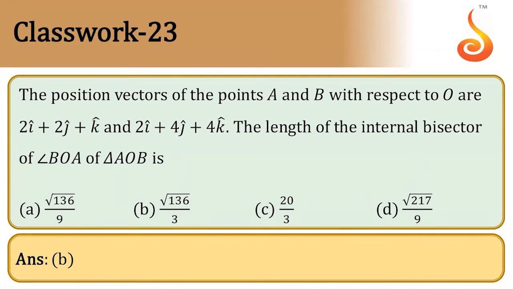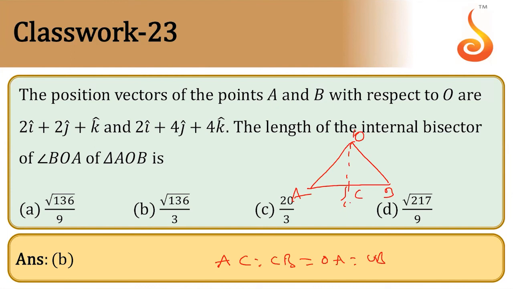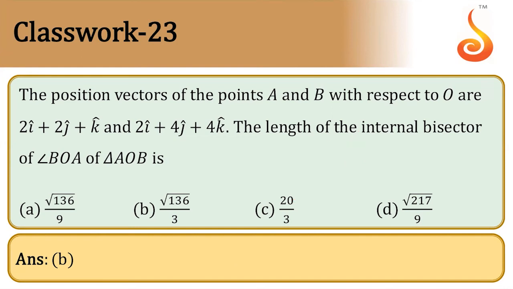The position vectors of A and B are given, and the length of the interior angle bisector. We did the same model previously, the length of the interior angle bisector of OAB. Follow the same method: AC is to CB as OA is to OB. Then you get the coordinates of point C. You can work out this problem yourself. Question 20 we also did previously, so that part we can work out.